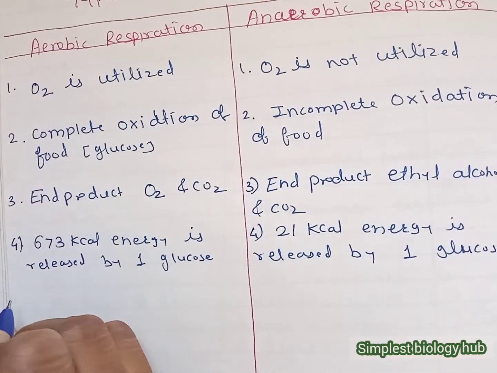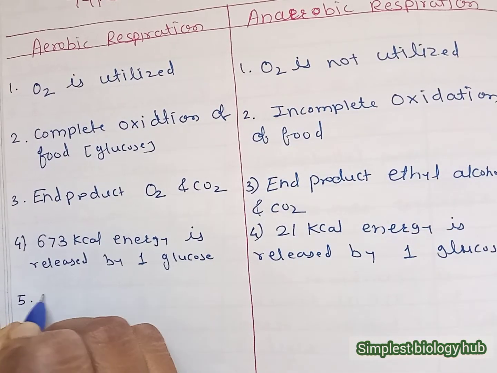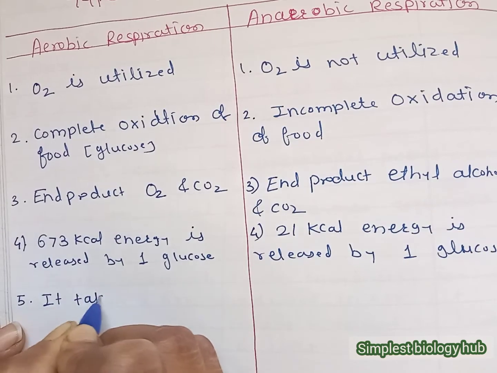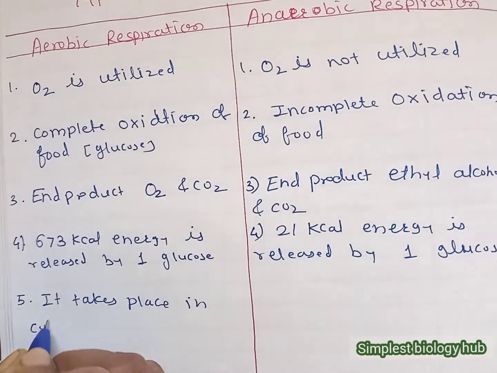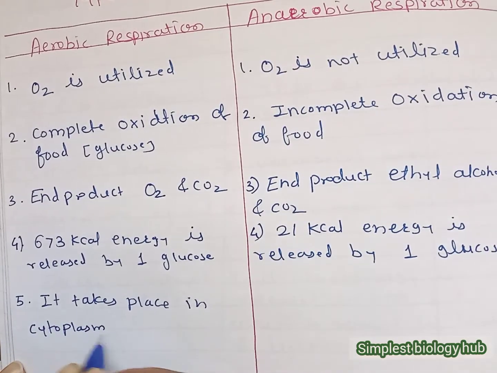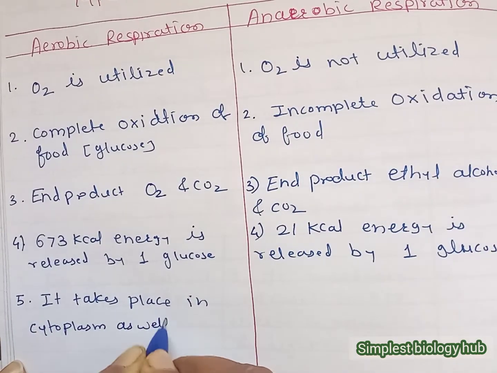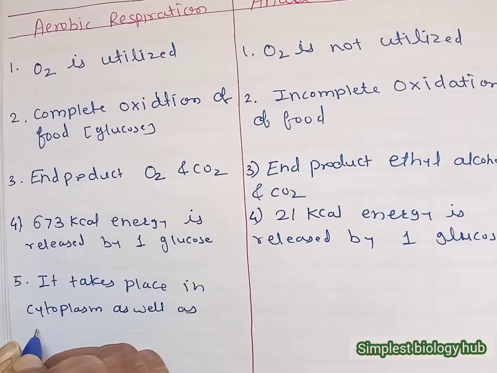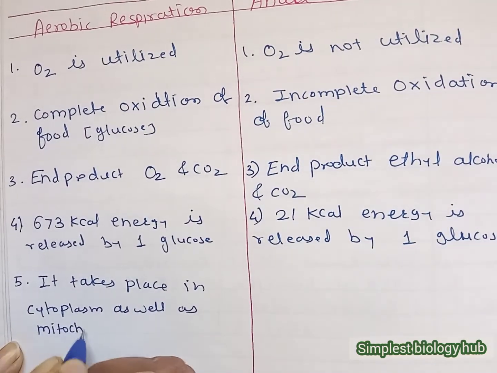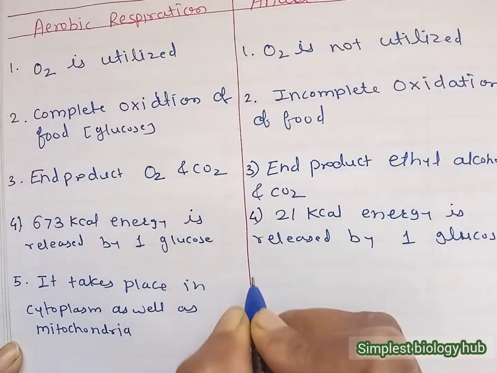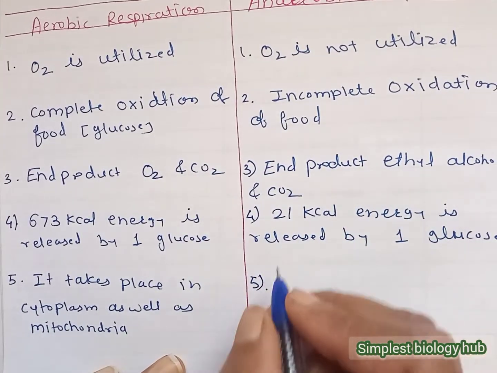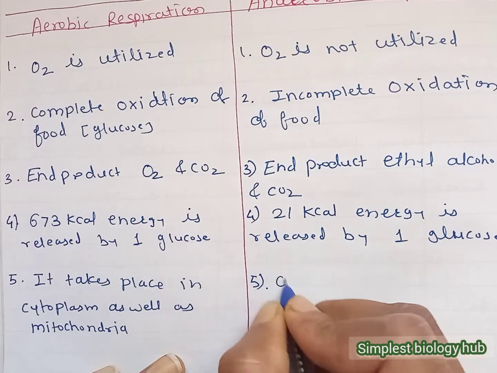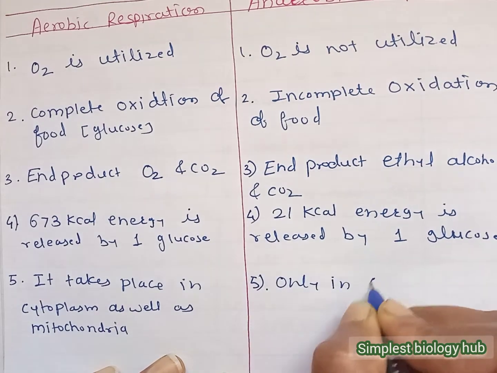The process of aerobic respiration takes place in cytoplasm as well as mitochondria, while the process of anaerobic respiration takes place only in cytoplasm.